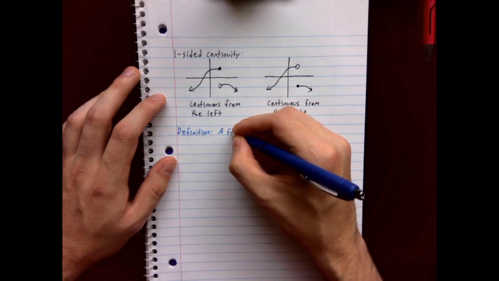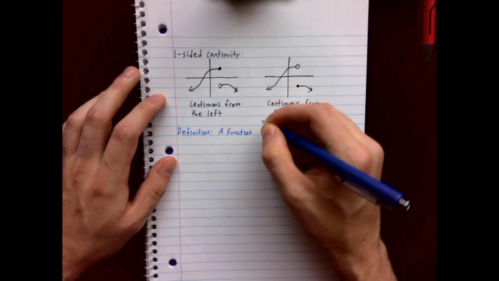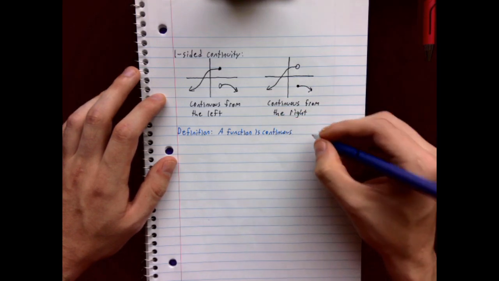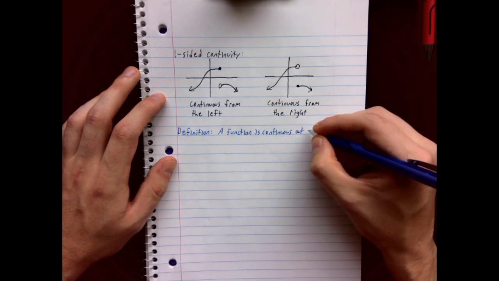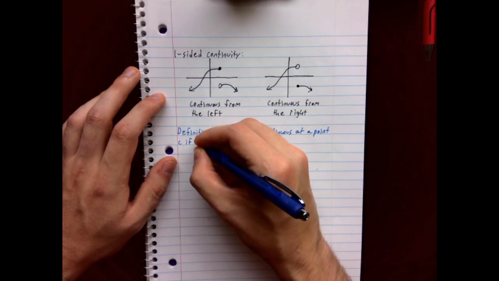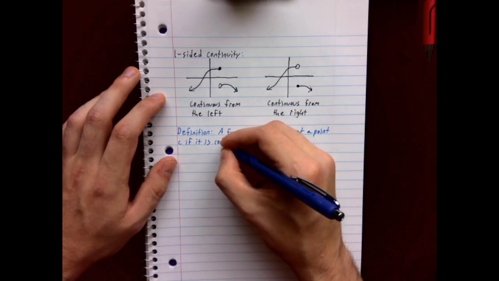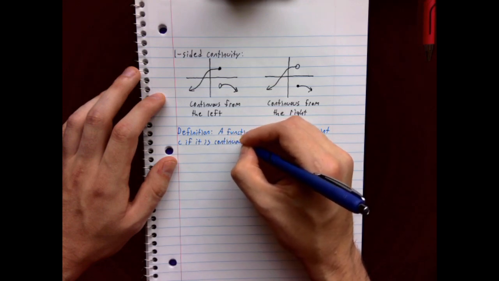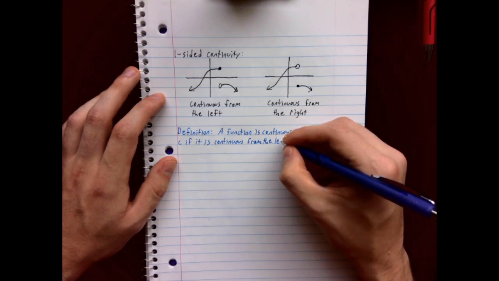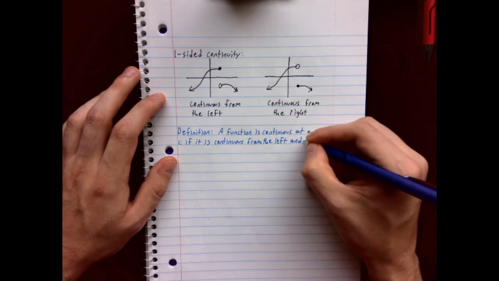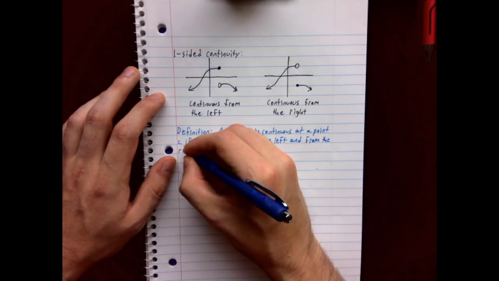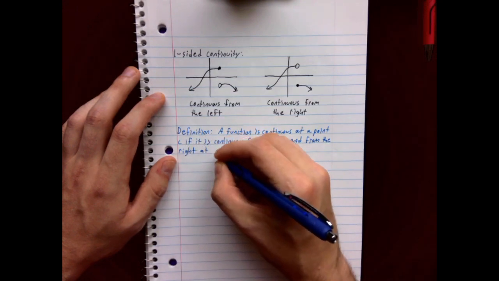A function is continuous, maybe at a point c, if it is continuous from the left and from the right at c.